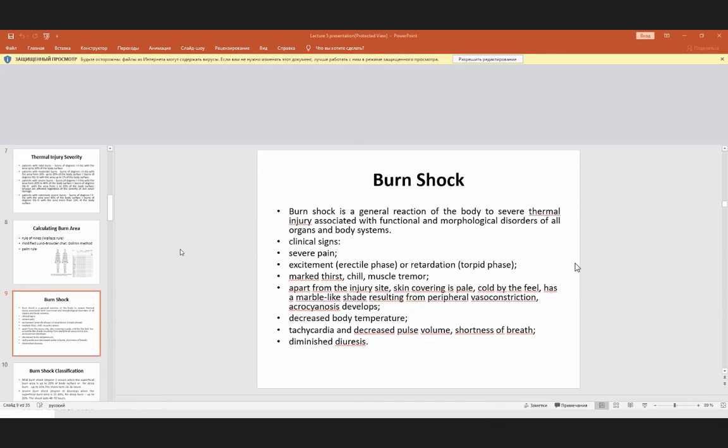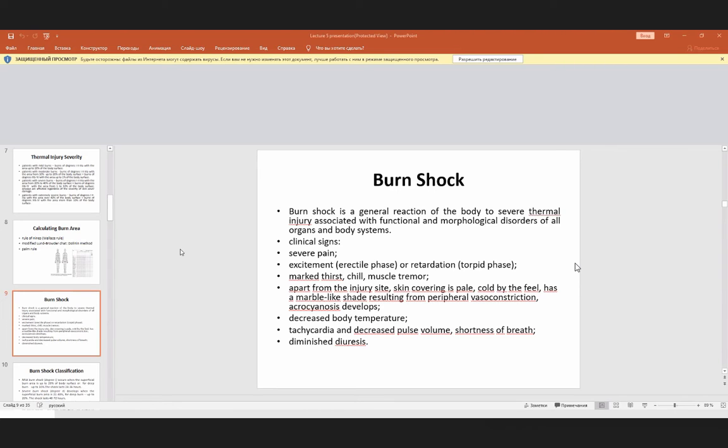Decreased body temperature, tachycardia, decreased pulse volume, shortness of breath, diminished diuresis, hypotony, and burn urine with a burn smell are regarded as poor prognosis clinical signs of burn shock.